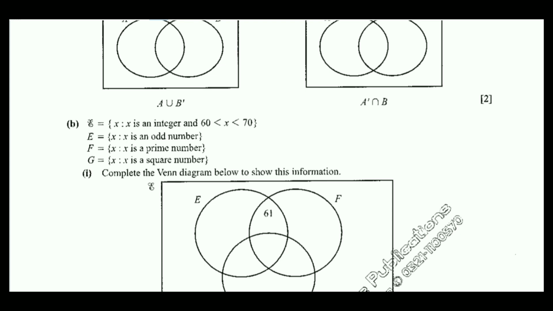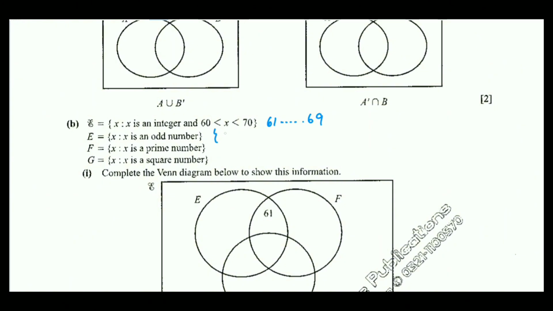B part. X is an integer between 60 to 70. It means 61 to 69. 60 and 70 are not included. E means X is an odd number.